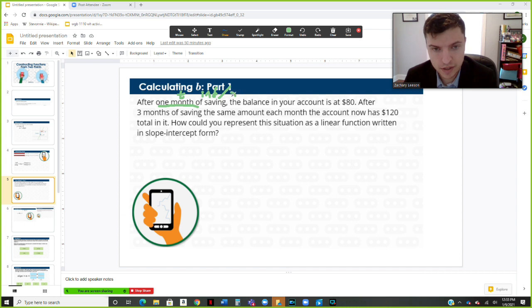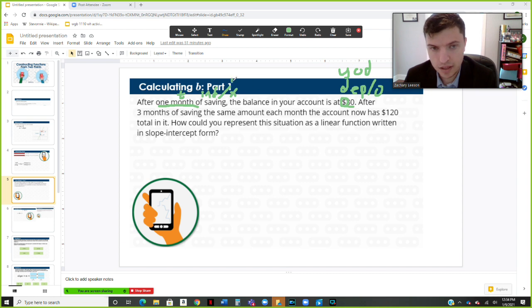Because things change over time, right? And then the balance in my account is $80. And like we said, dollars, 99.99% of the time, are dependent variables, or outputs, or Y's. That's going to be my output, my Yoda.